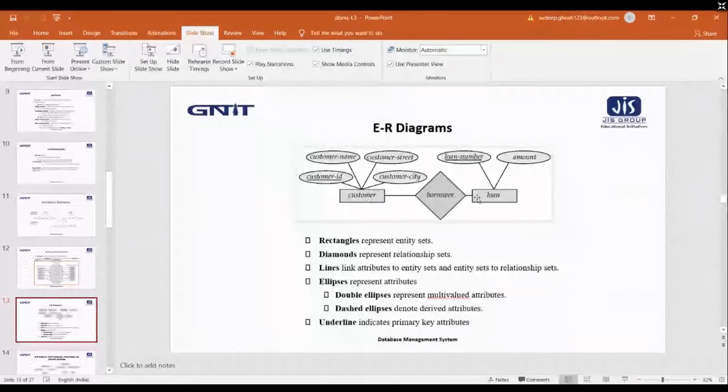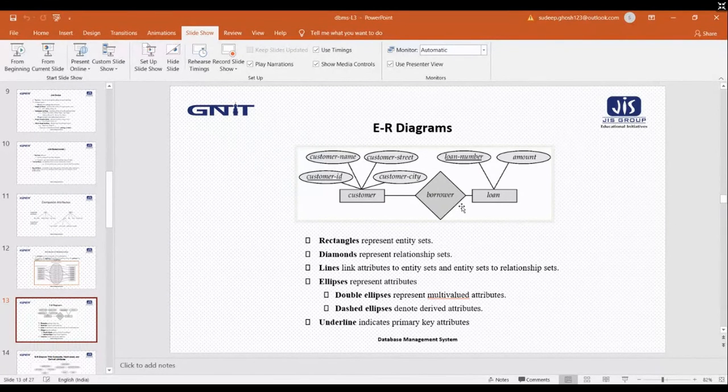Here the rectangles represent the entity sets, not single entities, entity sets. And diamonds represent the relationship sets, because in this customer entity all the customers are represented by this customer entity. So it is an entity type or entity set.